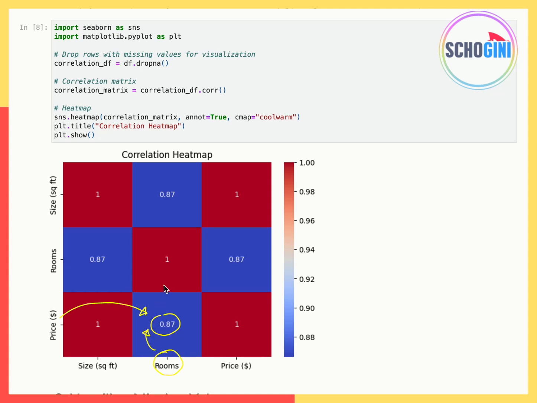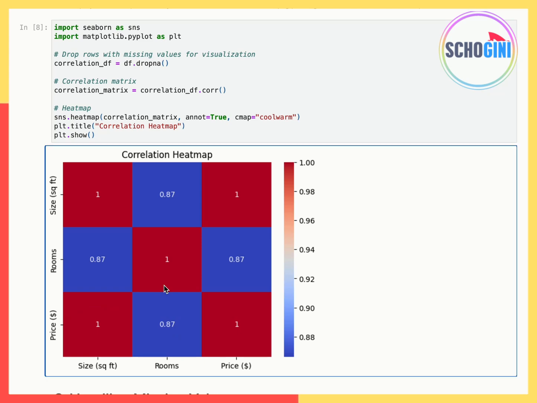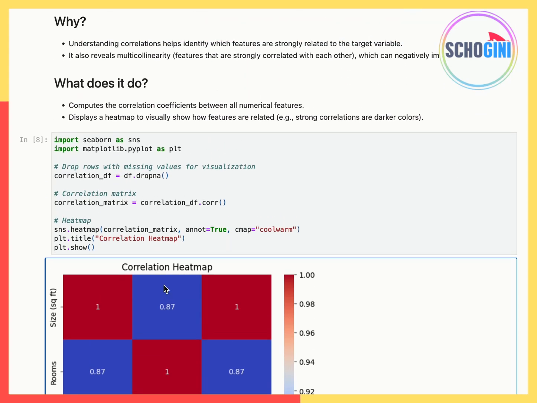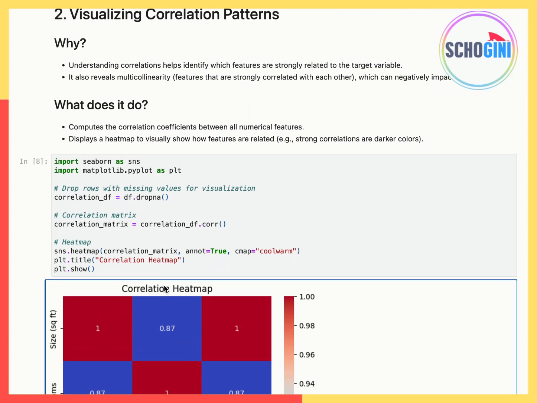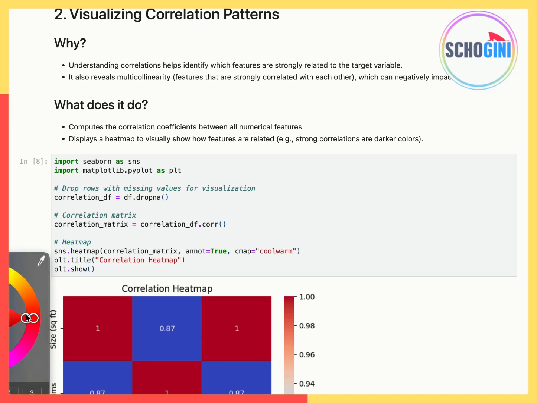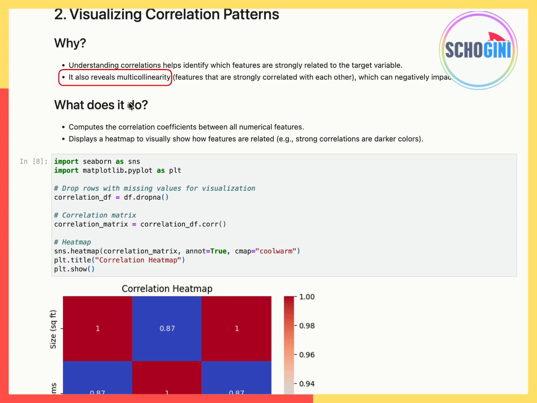But the guide also mentions this thing called multicollinearity. What is that all about? Multicollinearity is when you have two or more features that are highly correlated with each other. So like saying the same thing. It's like having two witnesses telling the same story. You might think that's good because you have more evidence, but it can actually make your model worse.